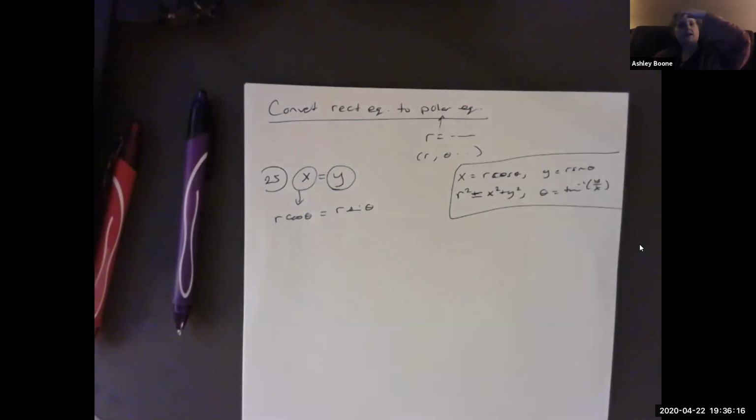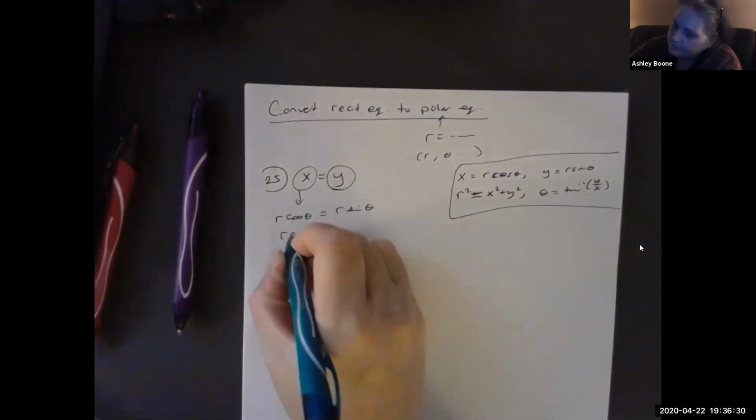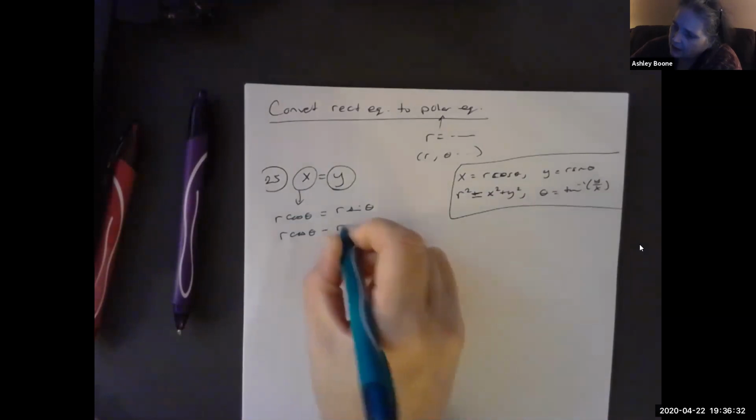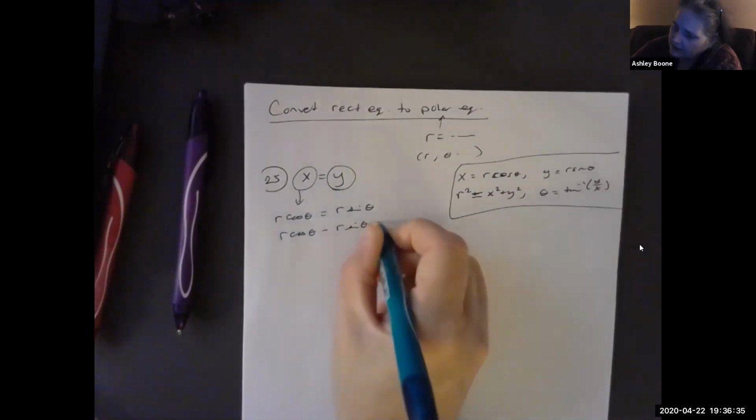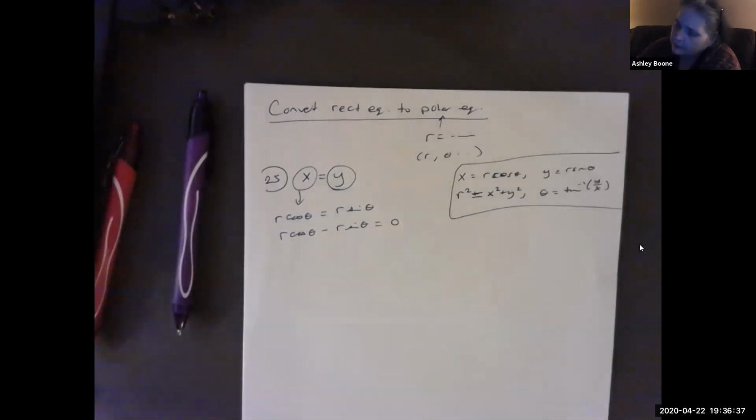R cosine theta equals r sine theta. All right. So if we look at this, I'm going to subtract r sine theta from both sides, equals 0.